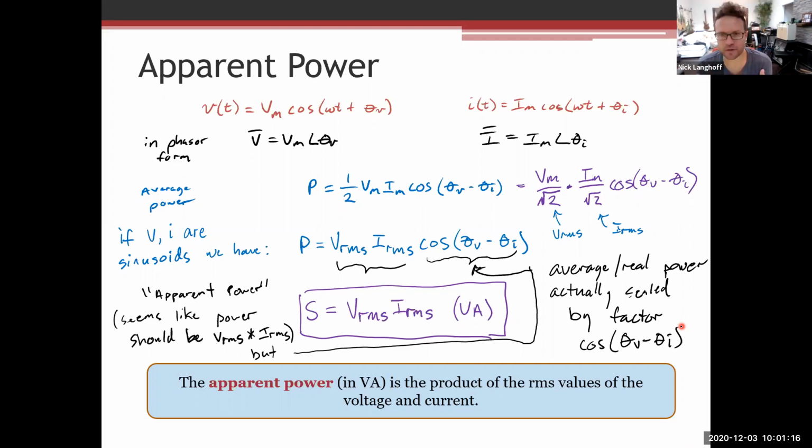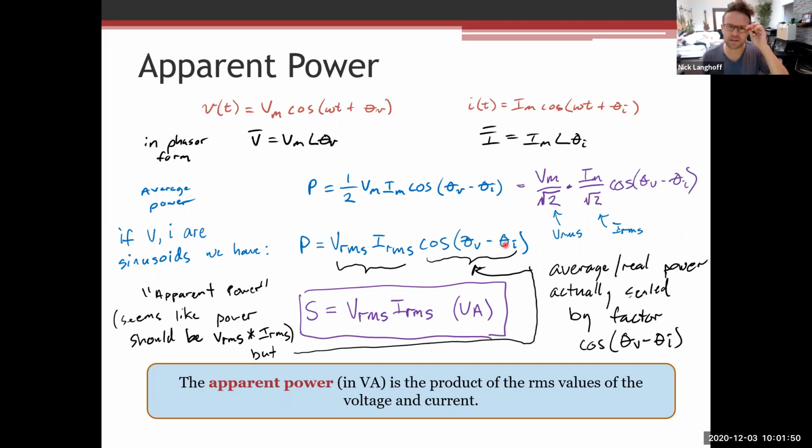If it's not purely resistive, then there is a phase angle difference. If it was purely resistive, voltage and current, as with my hands here, are completely in phase, so theta v equals theta I, and then you have the cosine of 0, which we all know is 1. So the real power P is equal to the product of the RMS voltage and current.